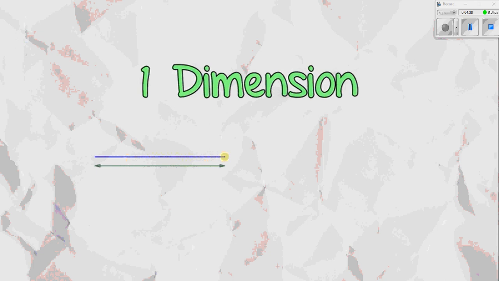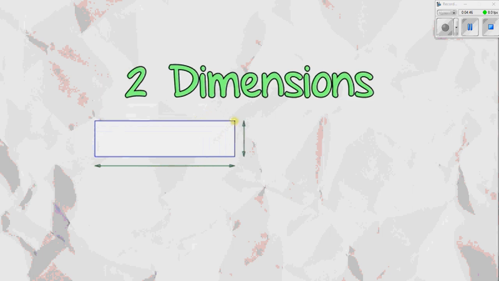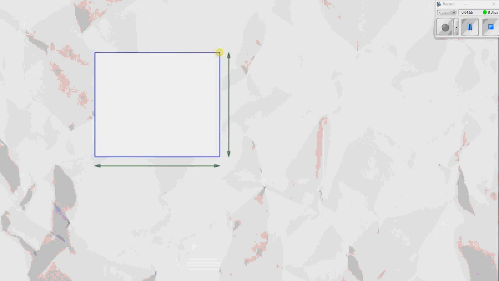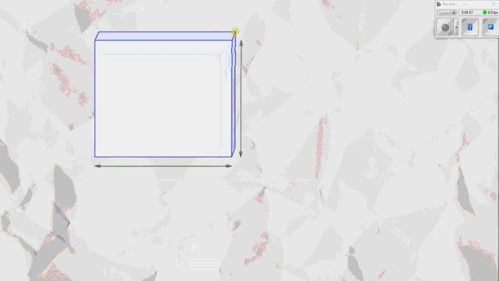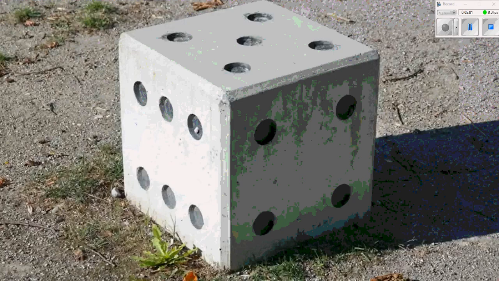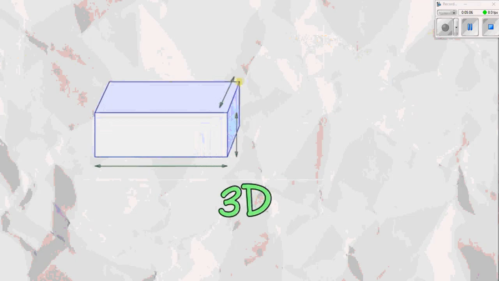Now let's allow the point to move in a different direction, and we get a plane. We need two values to find a point on that plane, so we have two dimensions, or 2D. Circles, triangles, squares, and more are plane shapes. Now we let that point move in another completely different direction, and we have three dimensions. Spheres, cubes, cylinders, and more are three-dimensional, or 3D.